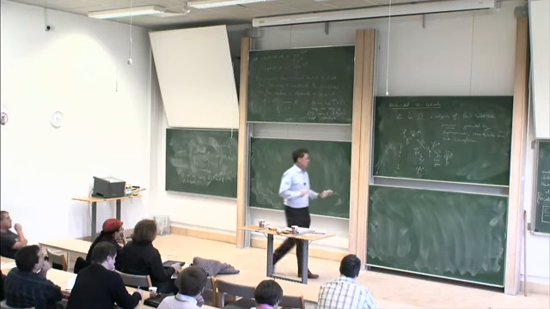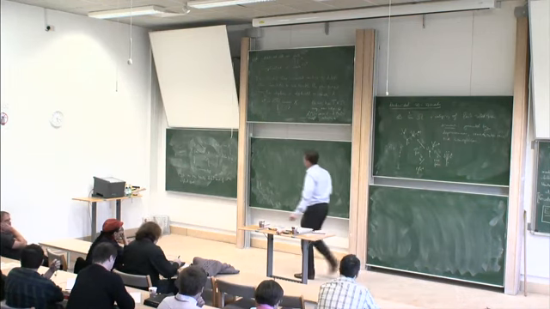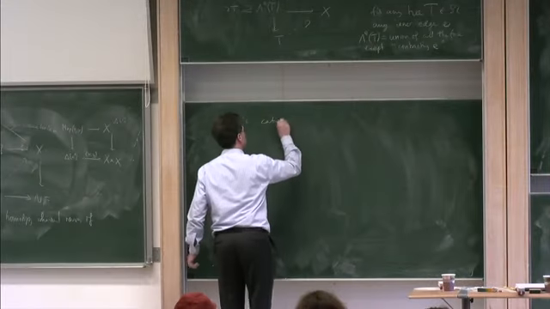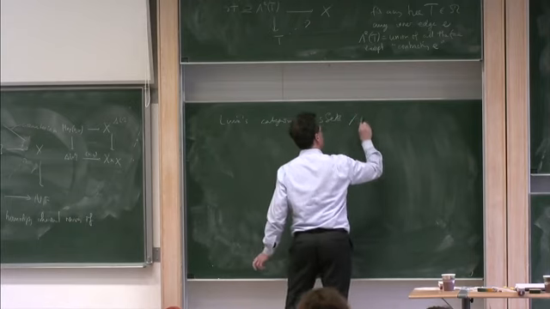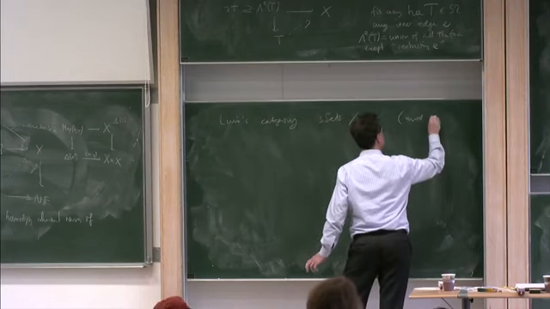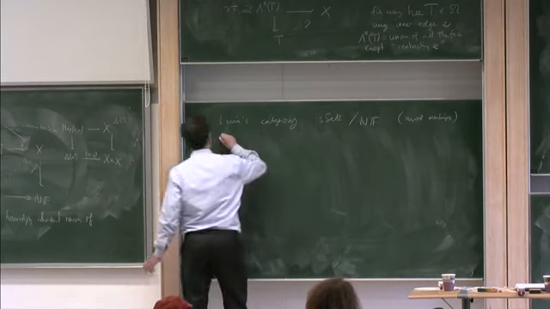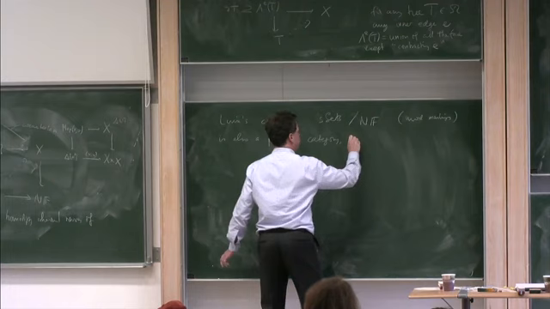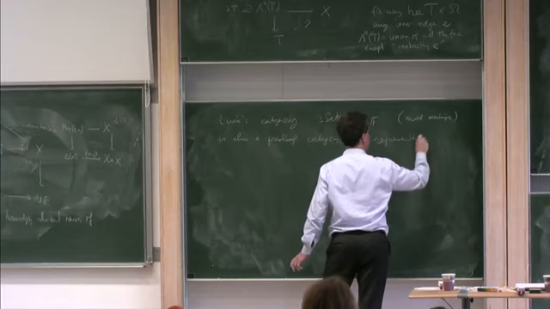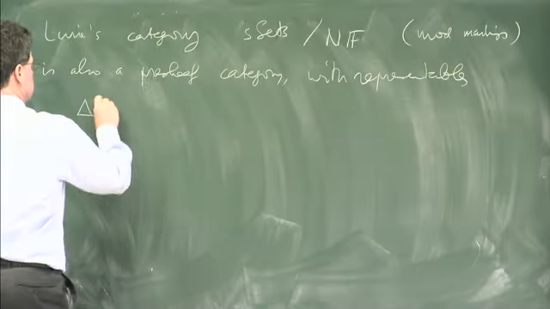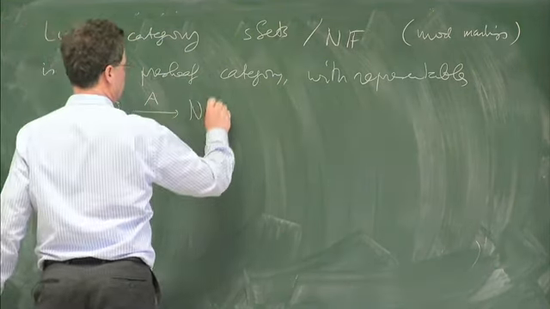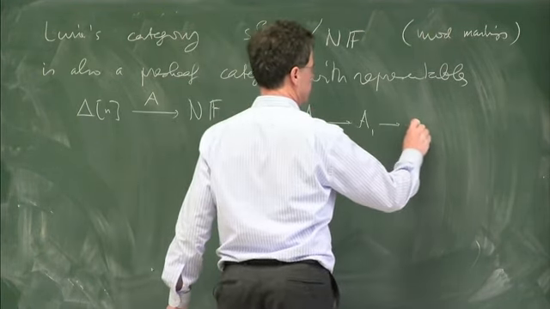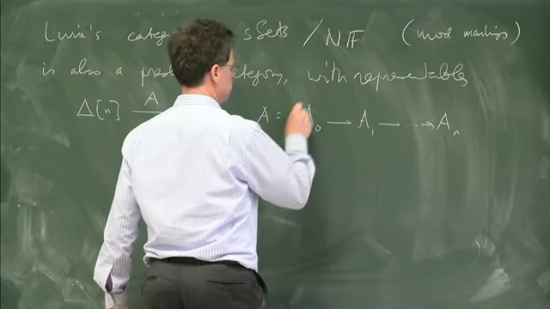If I forget the markings for expository purposes, then Lurie's category, simplicial sets over nerve F, with no markings, is also a presheaf category, with representables simplices delta n to the nerve of F. So these are sequences of finite sets and partial maps A0, A1, up to An in F.